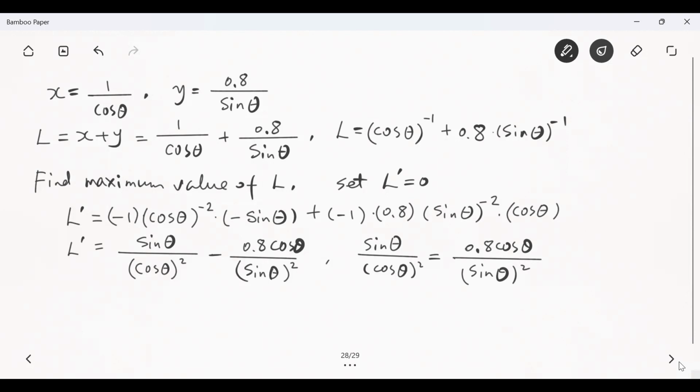That means sine cubed theta equals 0.8 times cosine cubed theta. Then tan cubed theta equals 0.8. Then we can find tan theta.